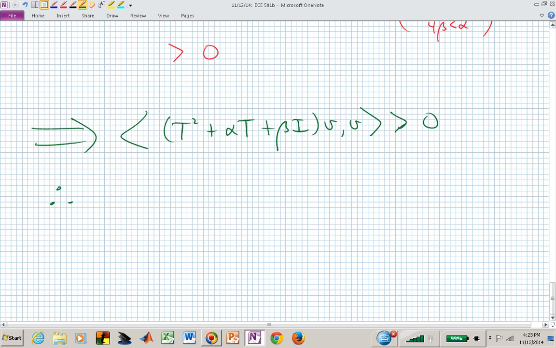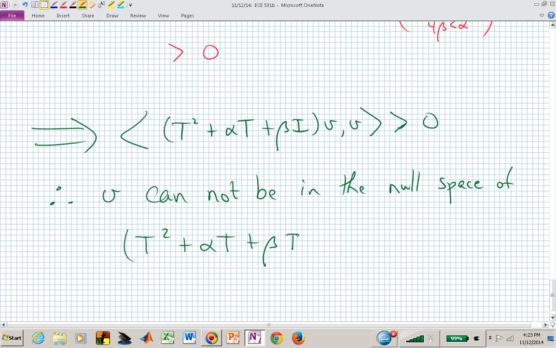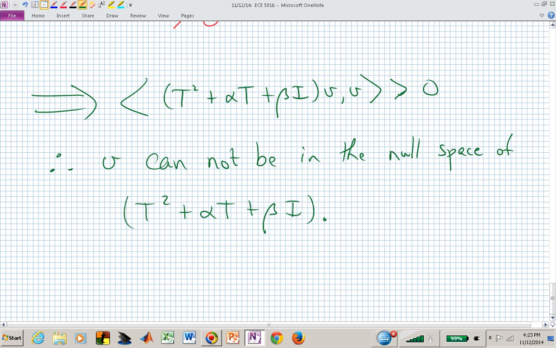So therefore, v cannot be in the null space of that operator, where the operator is t squared plus alpha t plus beta I. If v did belong in the null space, then that would be the 0 vector, and anything with the 0 vector inside the inner product becomes 0.